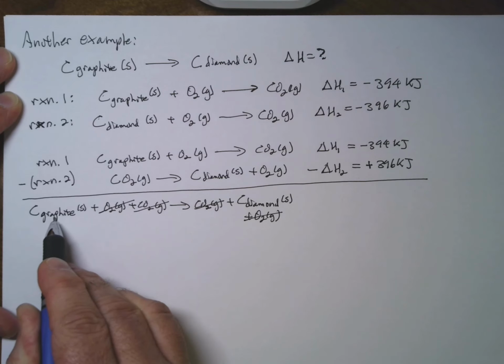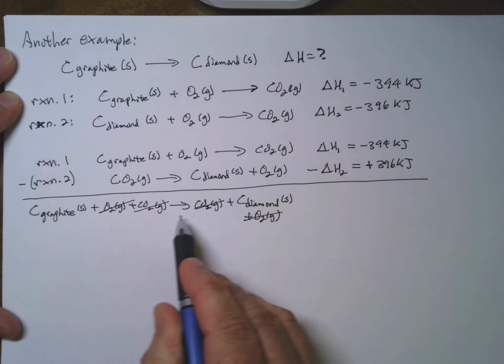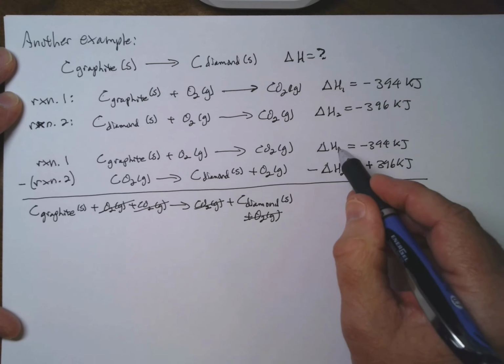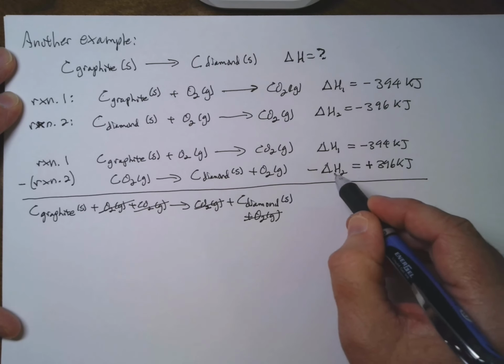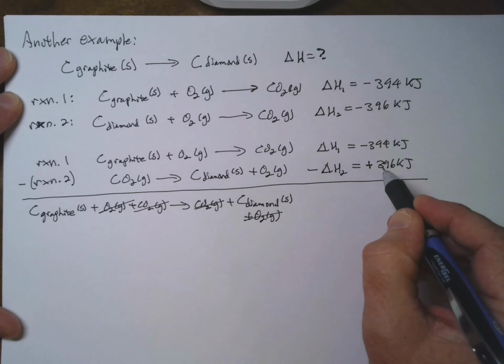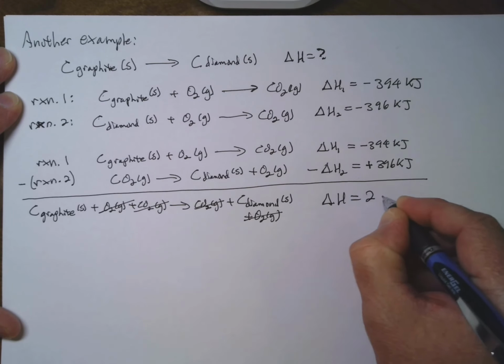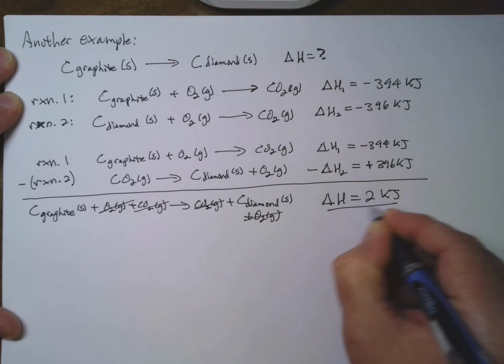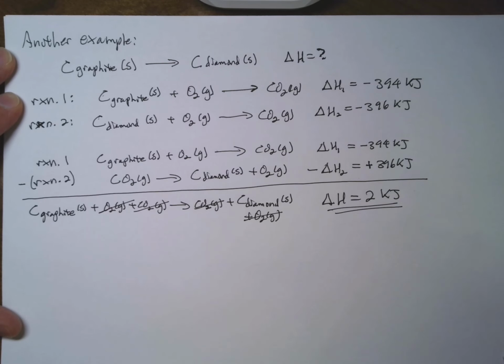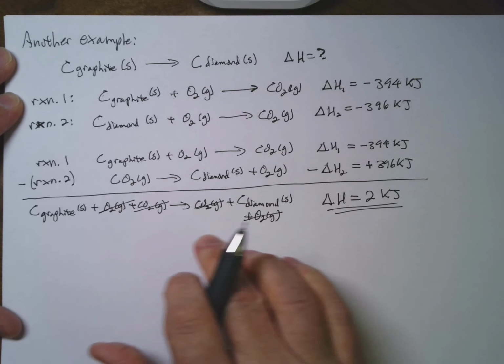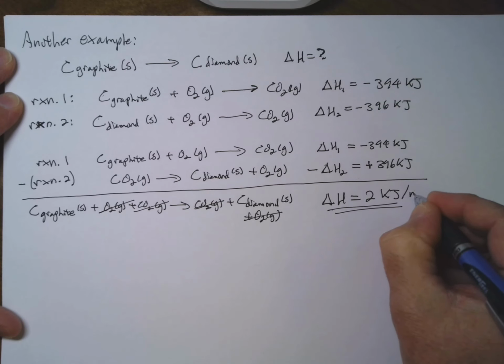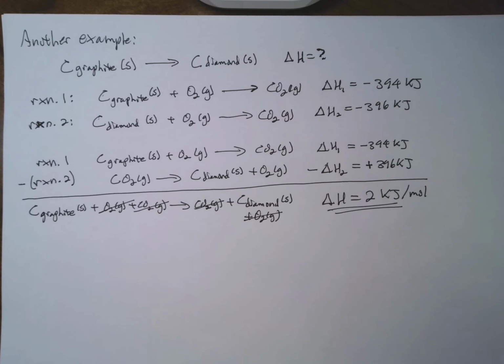So I'm left with graphite going to diamond. And then if I add my delta H1 and my minus delta H2, I end up getting delta H equals 2 kilojoules. And that's 2 kilojoules per mole of reaction as written. So I really should say 2 kilojoules per mole.